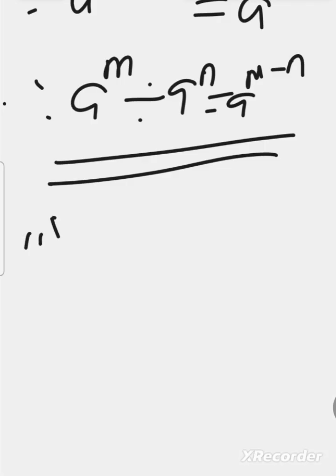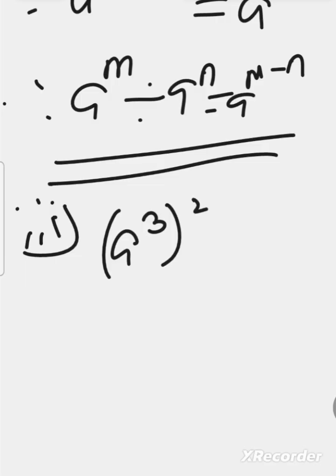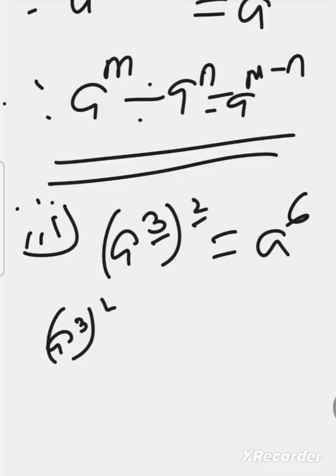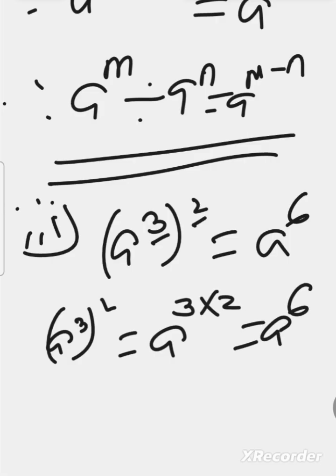From the third example, we had a power 3 squared, and here we got our answer as a power 6. How did you get 6? It is 3 multiplied by 2. So a power 3 squared is the same as a power 3 multiplied by 2, which is the same as a power 6.